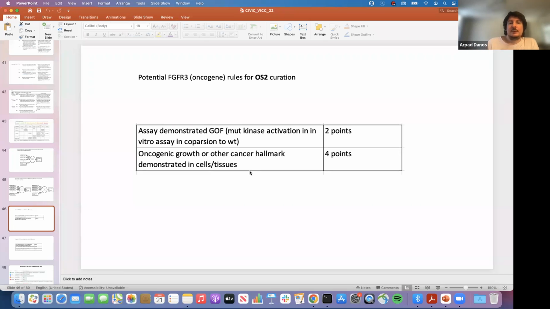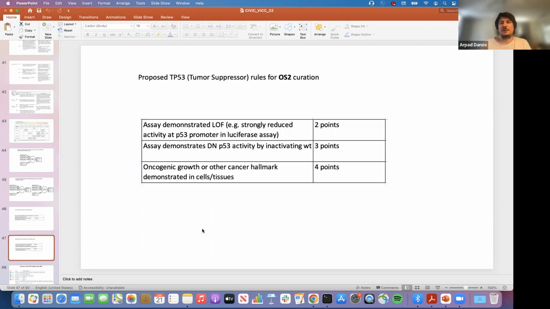And on the other hand, for those cases where they really are showing a nice oncogenic effect, either increased growth in cells, or maybe that it's tumorigenic in mice, those are higher level types of preclinical oncogenic data that we can use. We can score the 4 full points. And then in TP53, I did some curation, and if an assay demonstrated LOF, I was doing 2 points.